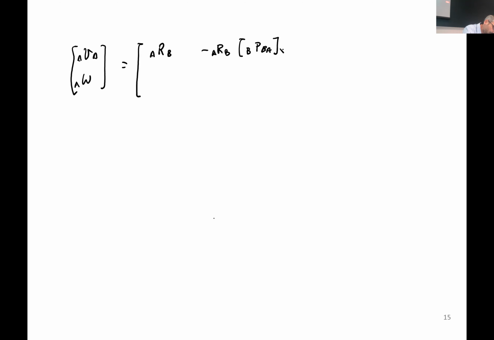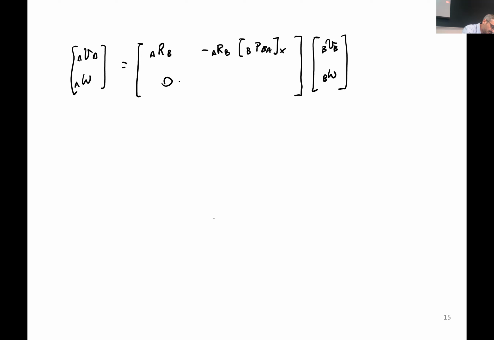So if you put everything together, we get both the linear velocity and omega A equal to RBA times RBA, with VB in B, and as omega we said it is the same.